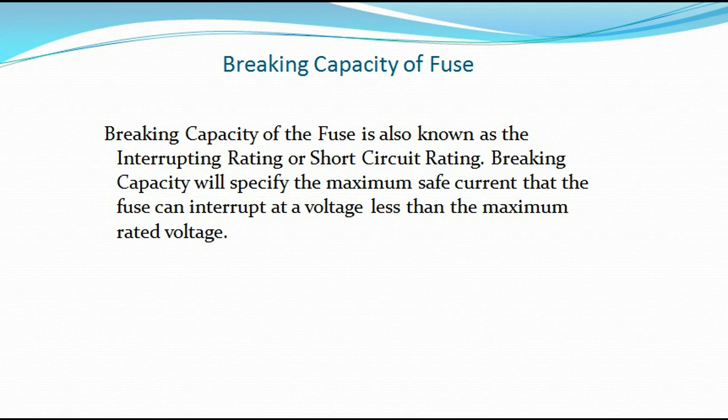That is what the fuse can carry: the maximum, and less than the maximum rated voltage is in between 0 to 3, 4 to 5, 6 to 13, and so on and so forth. That is just how it is.